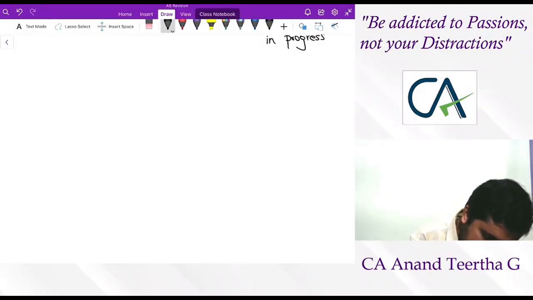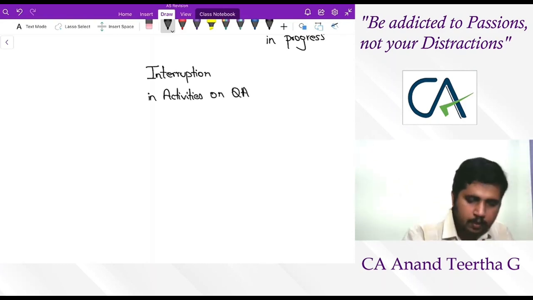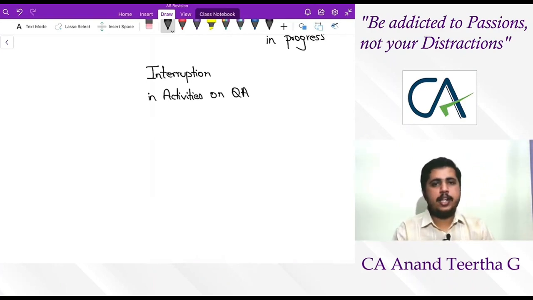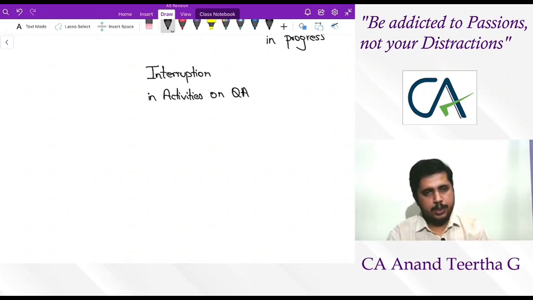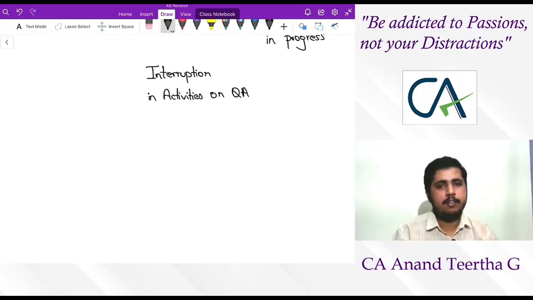they said if there is an interruption in activities. This is the middle stage of the borrowing cost. So you started, you put the activities, you put the expenditure, borrowing cost is incurred, they allowed you to commence the capitalization. But in between, you are interrupting the work.